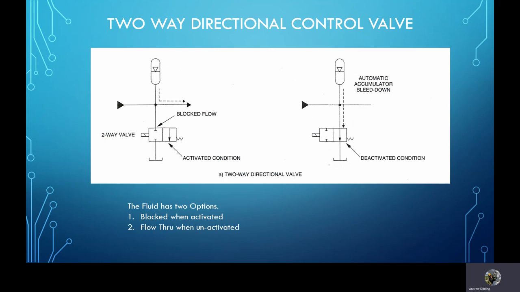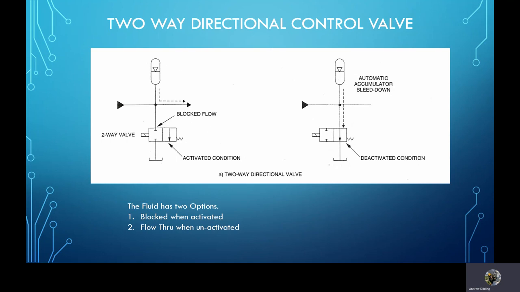First of all, let's take a look at your directional control valve and how directional control valves are named. Right now, on this particular diagram, we're showing an accumulator which has a two-way directional valve. We say two-way because the fluid has two options of the directions it can go. When it's deactivated, it has a flow through, like on the right-hand side.